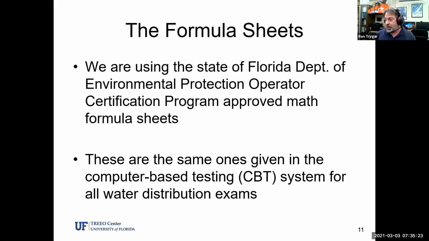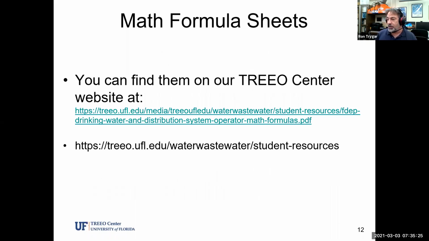So where do you get your copy at? Well, you can go to the Trio Center website at the link shown here, or it's just written out below: https://trio.ufl.edu/water wastewater/student resources.